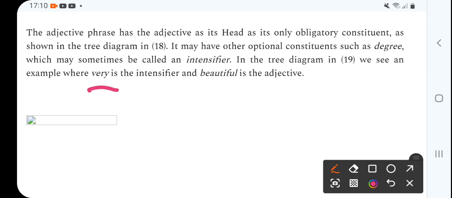So the obligatory constituent is just the adjective, and the optional constituent is the intensifier.